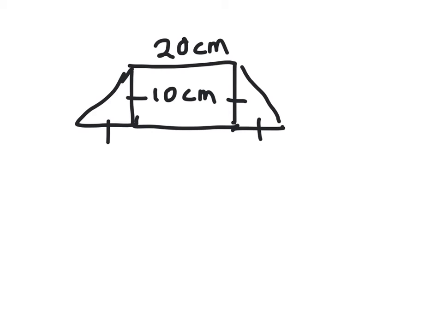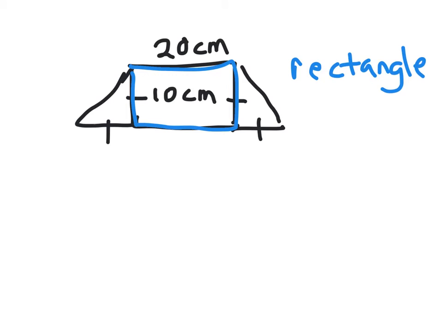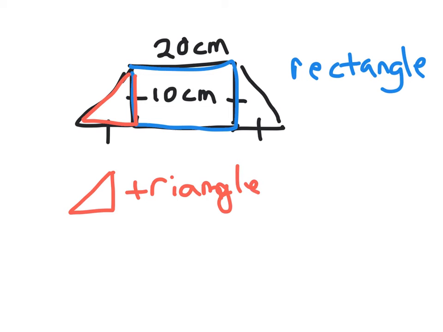Now, if you look at this shape, we now have three shapes that we need to find the area of. The first shape we have is highlighted here in blue. It's a rectangle. The second shape we have, I'm going to highlight here in red. It's a triangle. And the third shape, in red as well, because it looks to be the same size, is another triangle.